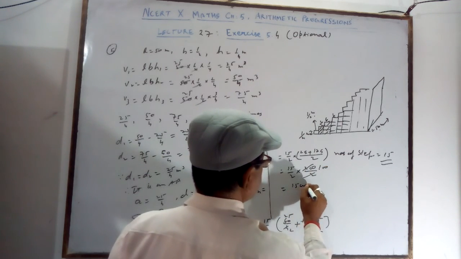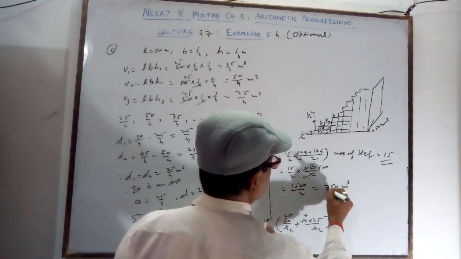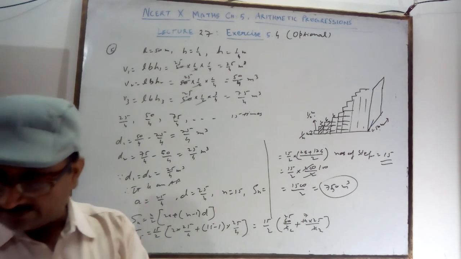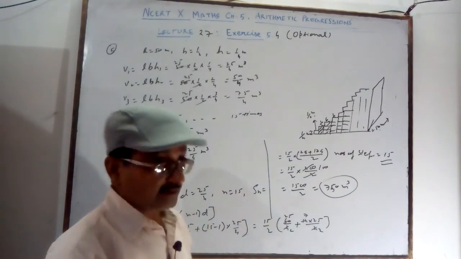So 1500 by 2, that is 750 meter cube. 750 meter cube of the mortar, or concrete, is required to make this staircase.